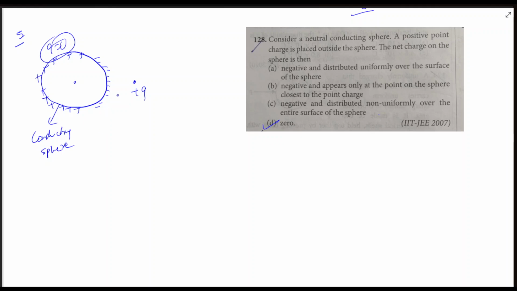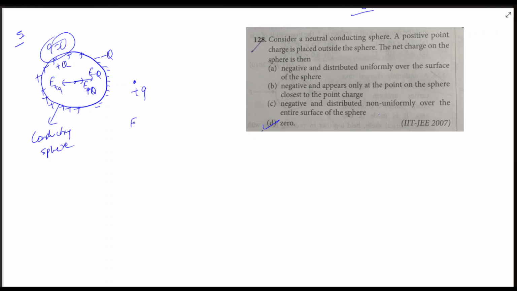What will the electric field due to plus q be here? Let's say this is plus q, this is minus q. So the electric field due to this minus q will be here, and the electric field due to plus q will be here.